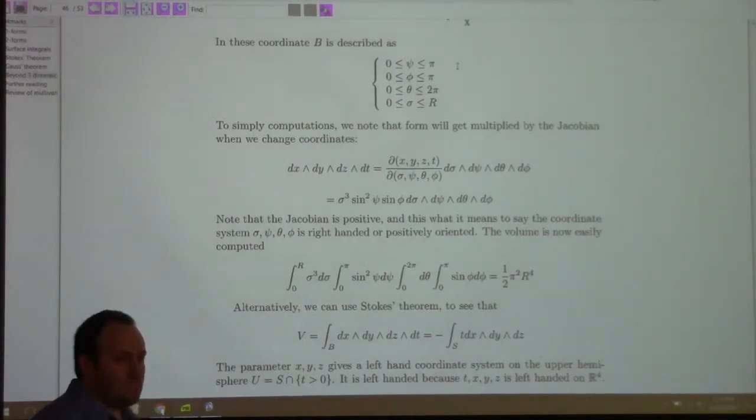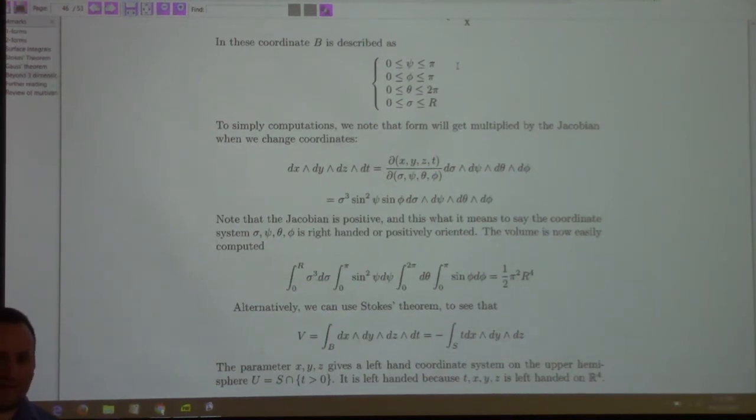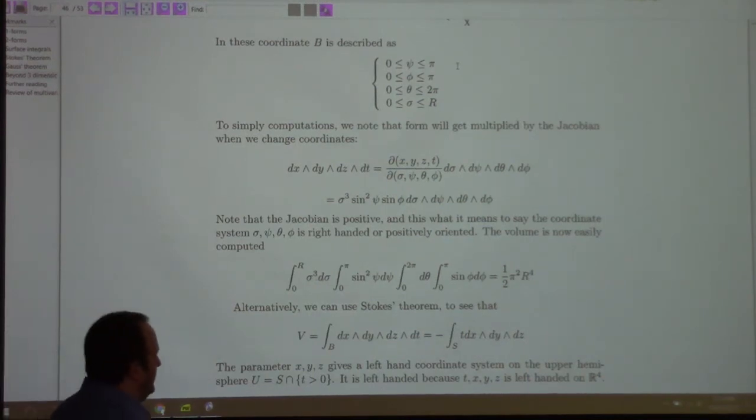On the other hand, he says you could calculate using the generalized Stokes theorem. Now, this is very tricky. This is like in calculus 3, where we calculate the area of some region by doing a line integral. This is just the analog of that. We're calculating a 4-volume by calculating a corresponding 3-volume.